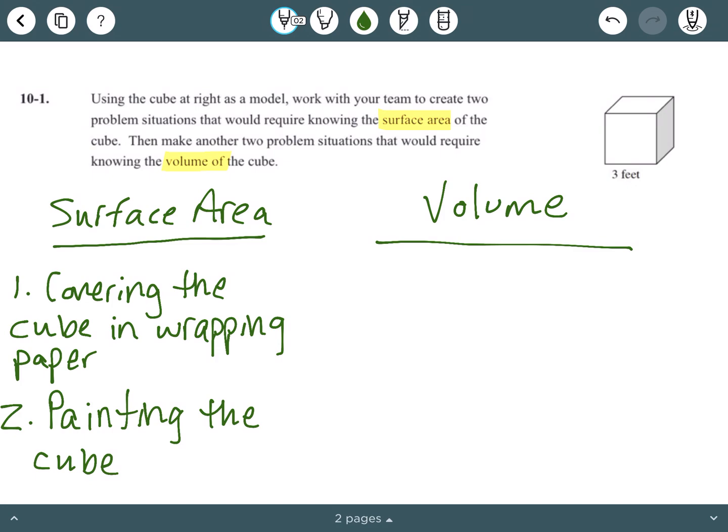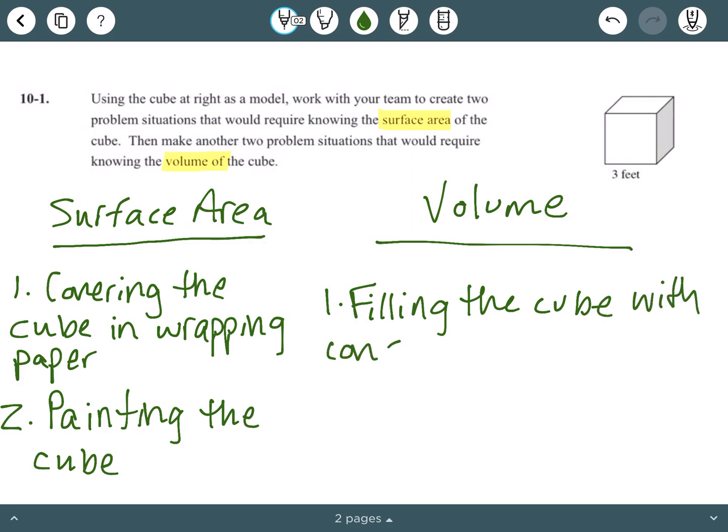Maybe it's going to be something for construction. So we could say filling the cube with concrete, and again, maybe for construction purposes.